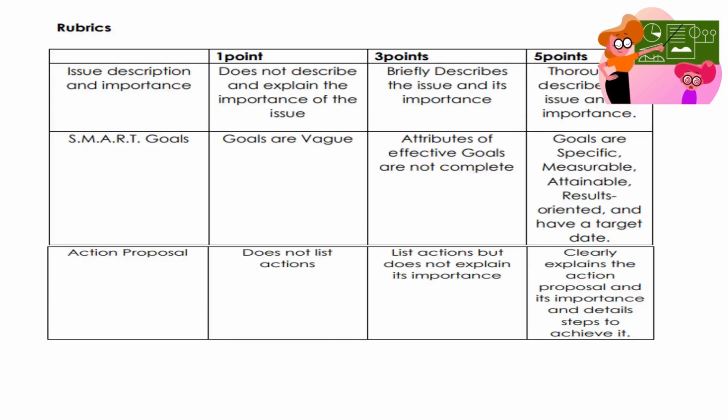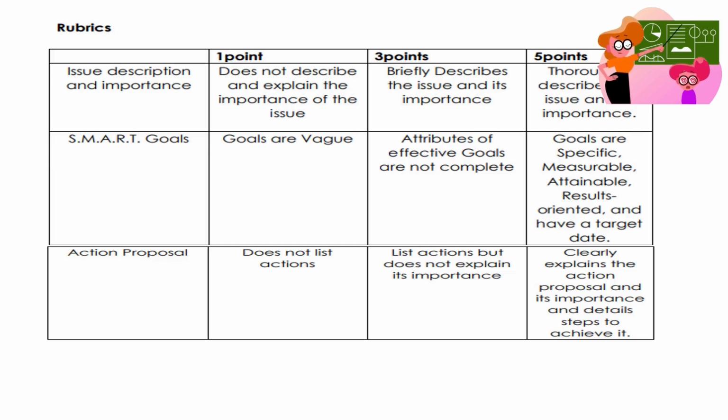For the rubrics, we're going to have the issue description and importance, the SMART goals, and action proposal. So we have 1 point if you do not describe and explain the importance of the issue. The goals are vague and do not list actions. You are going to get 3 points if you briefly describe the issue and its importance.